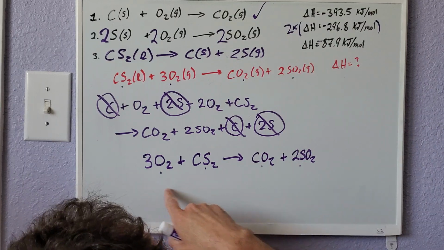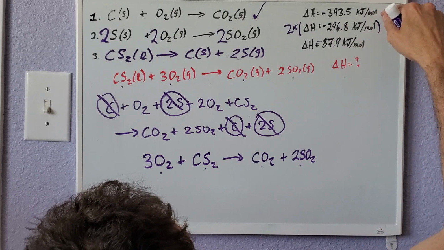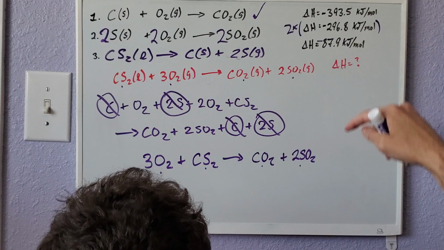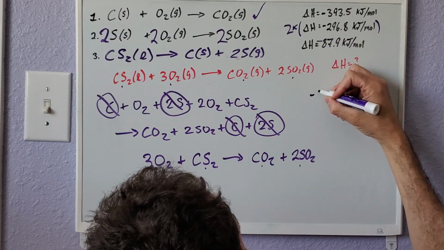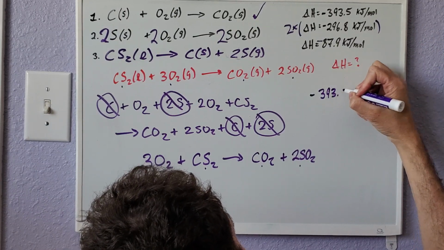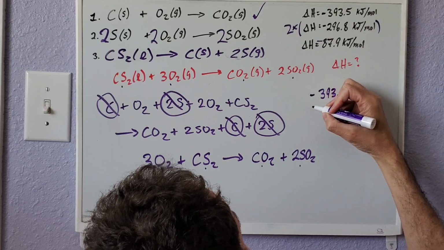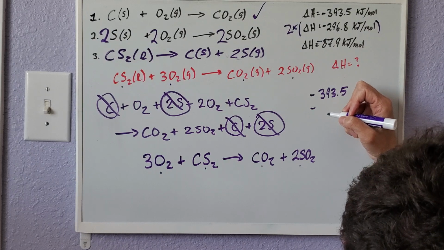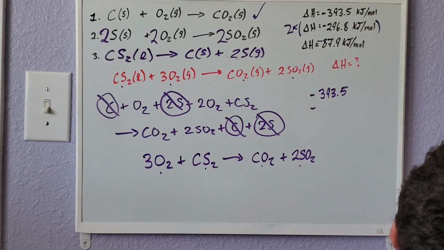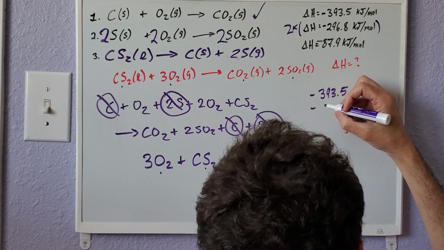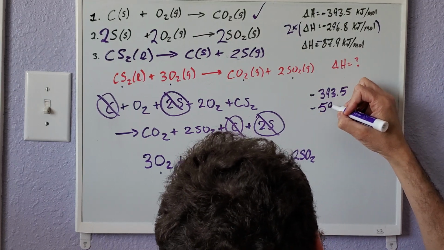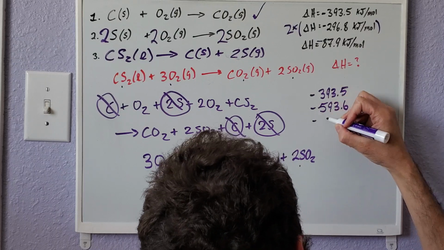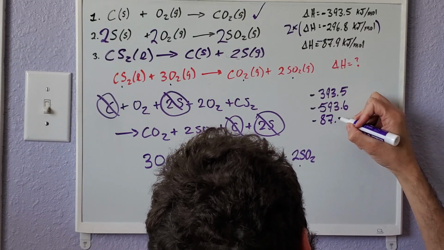The way that we ended up with this equation is we added that value plus 2 times that value plus the negative of that value, or it was negative 393.5 plus our negative, I forgot how to do math here, 593.6, and then plus our negative 87.9.